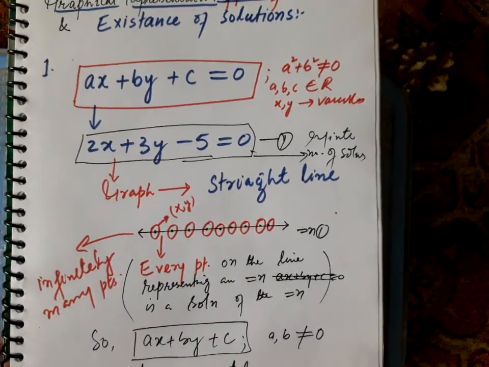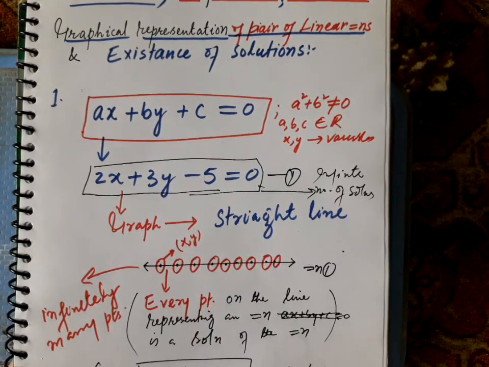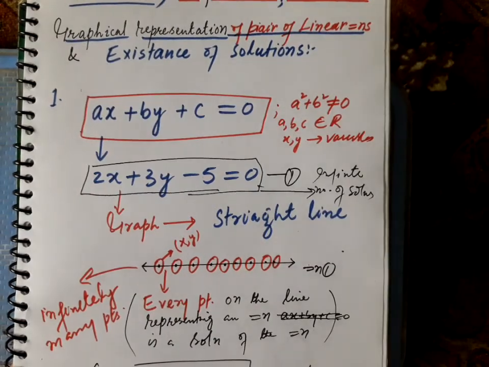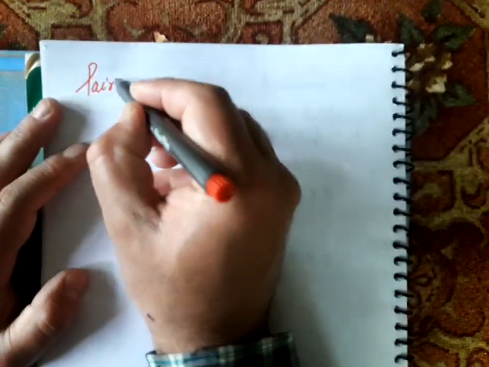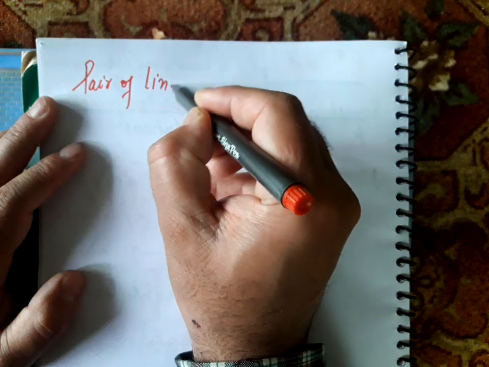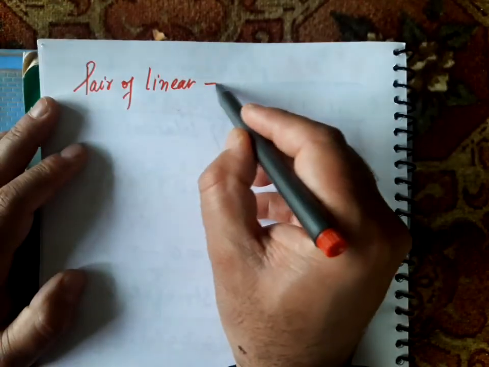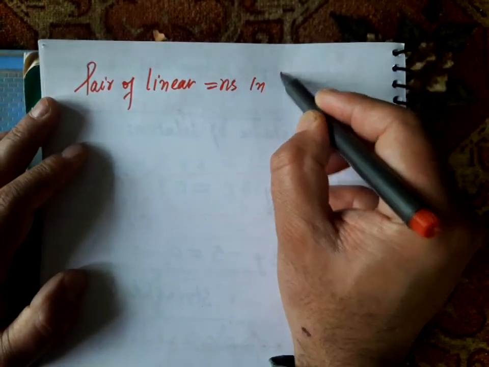So a single linear equation in two variables has infinitely many solutions. Now let us look into the graphs of a pair of linear equations in two variables.